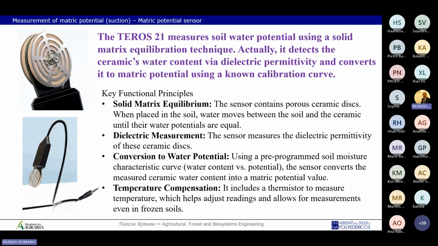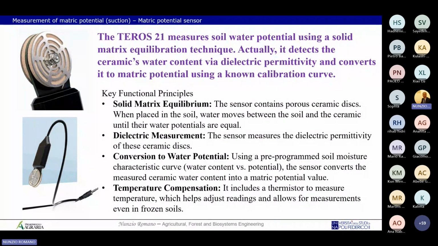And here you have the Teros 21 from Meter, but there are others too. I put this here because we have it in our observatory, and this equipment works very well.